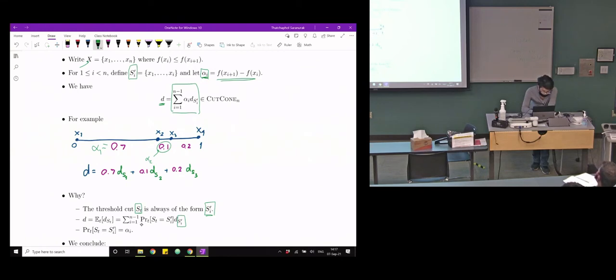So we just need to expand this thing, write it down. It's just a sum over all this. You ask what is the probability that S_t is S'_i, and this probability is exactly alpha_i. So what we have proved is just the same thing as showing this.